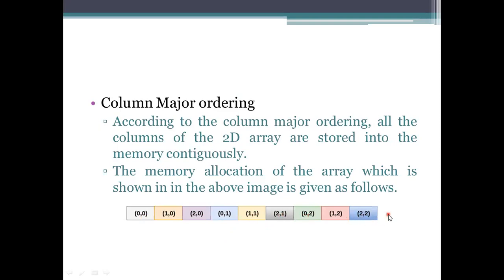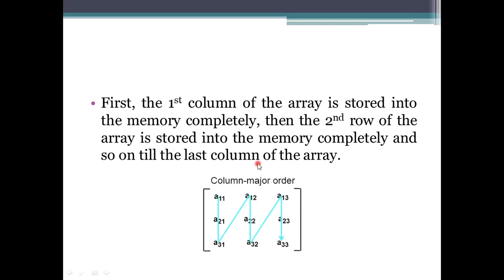Okay. And coming to the following of that one. So we will read from top to down. Here in the row way, we are going horizontally and coming back and forth, and we start reading the elements from the next row.